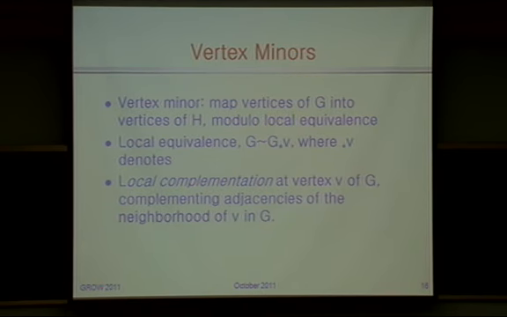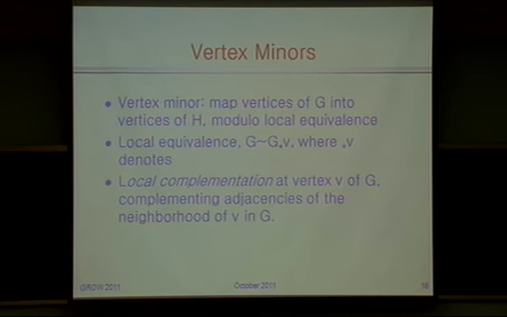And here is a quick recapitulation of vertex minors. Vertex minors map vertices of G into vertices of H, so if we're thinking of embeddings, we use this embedding modulo local equivalence.